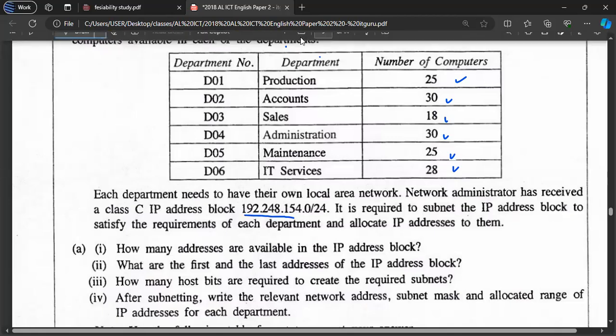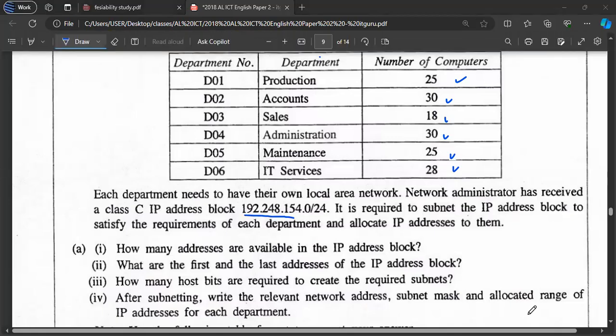So the first address is going to be 192.248.154.0.